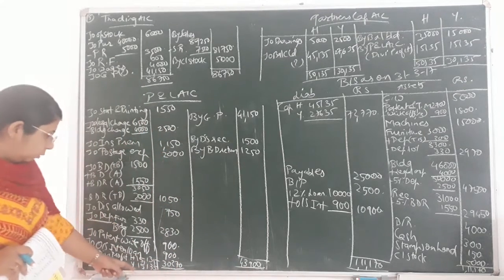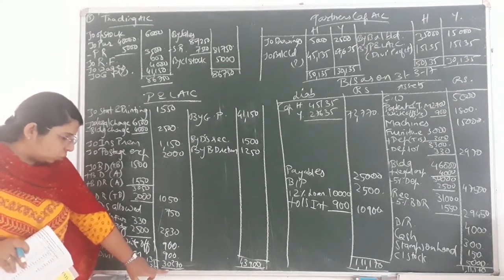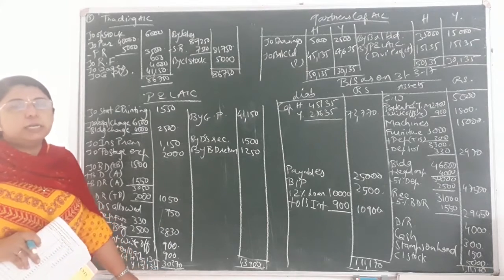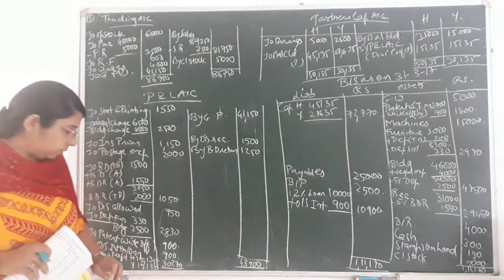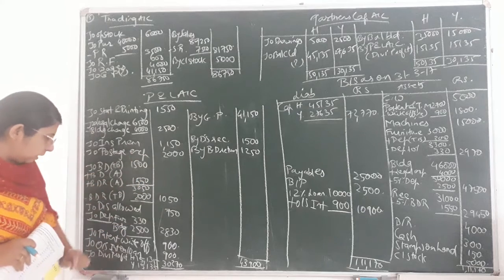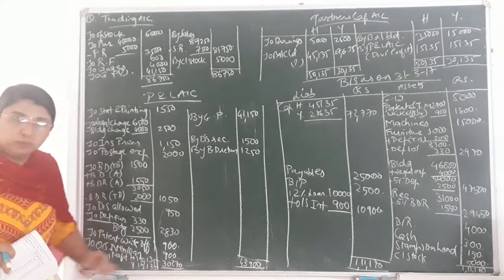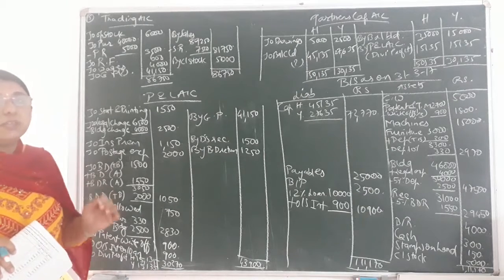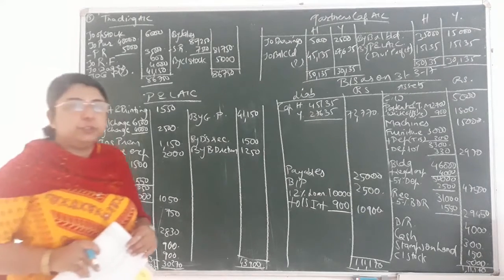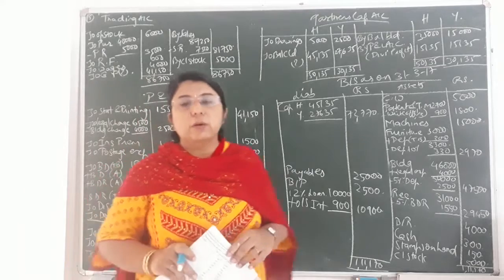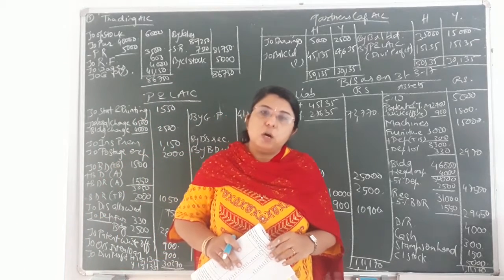Doing the total of the credit side, after adding these two entries, it would come to 43,900. Putting that total on both sides; here I am not having space, so here I have not written the total. The total is coming to 43,900. After subtracting all the debit entries, the difference that came is 30,270. Now this I will not transfer to the P&L appropriation account, because we have not prepared a P&L appropriation account over here.